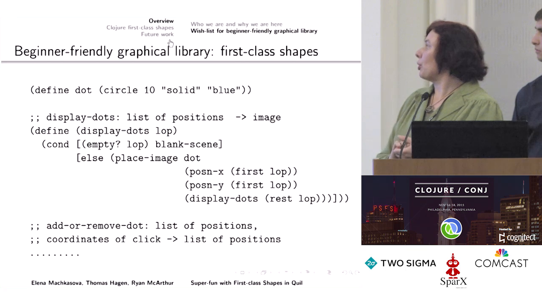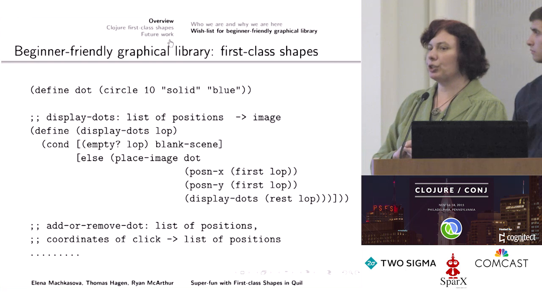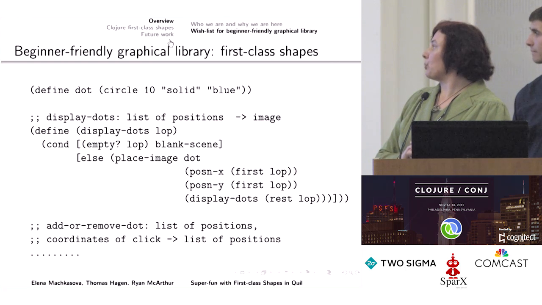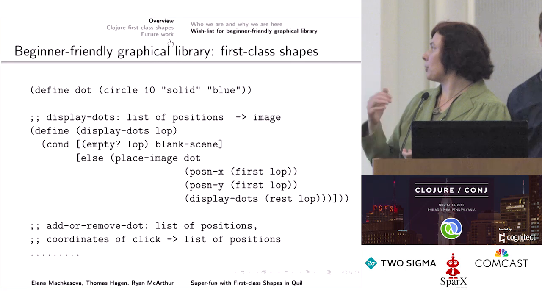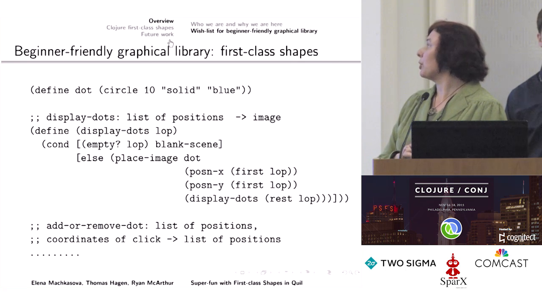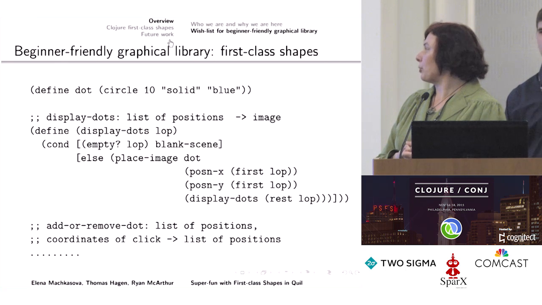If this list is empty, that's an empty scene, so a blank square. Otherwise, we place an image of a dot at the position x and y in the first element of the list of positions, and then make a recursive call on the rest. Very convenient, very nice example of recursion.